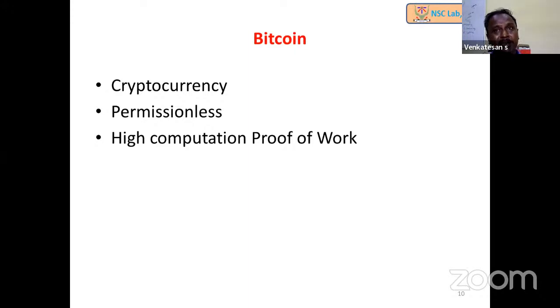So to control that, the proof of work is introduced into the Bitcoin implementation. Since there is a delay in creating the next blocks, that delay is utilized to ensure the consensus. So that's what happens while using the proof of work. We will see in detail how proof of work works. That will be in the next session.